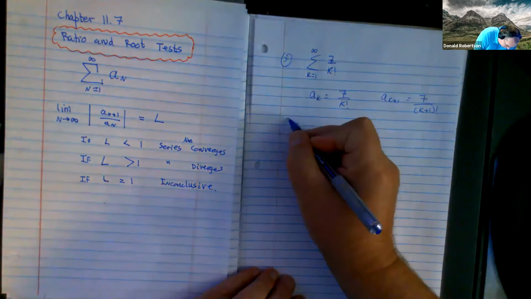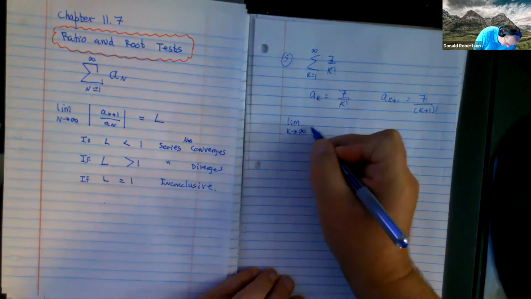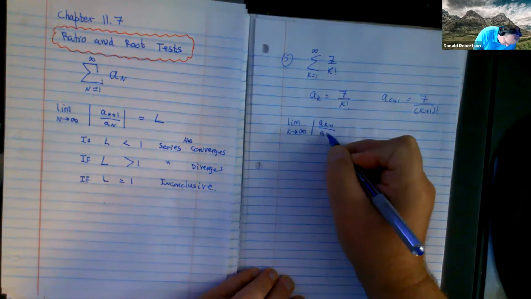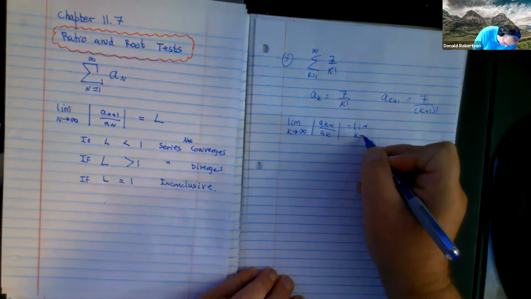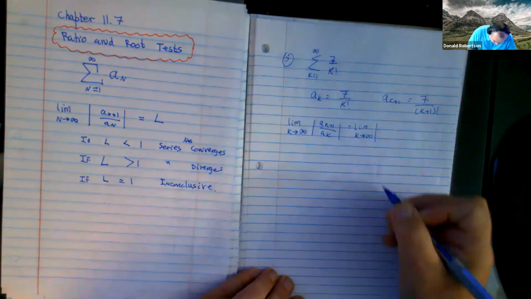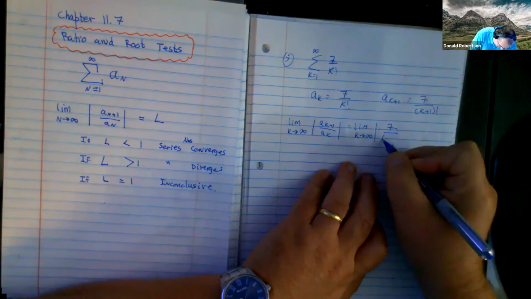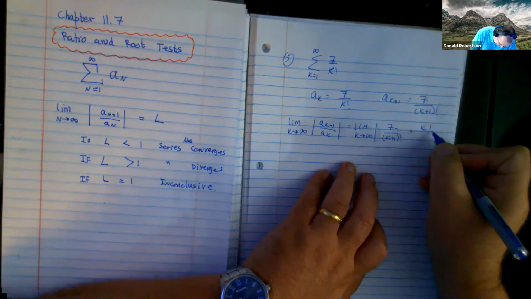So I'll now do the limit as k tends to infinity of a_(k+1) over a_k. That's going to be the limit as k tends to infinity of this fella, the a_(k+1) guy, times the reciprocal of the other guy.